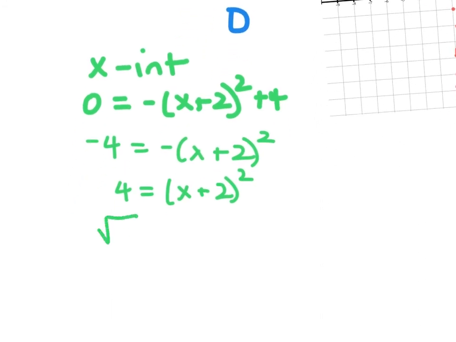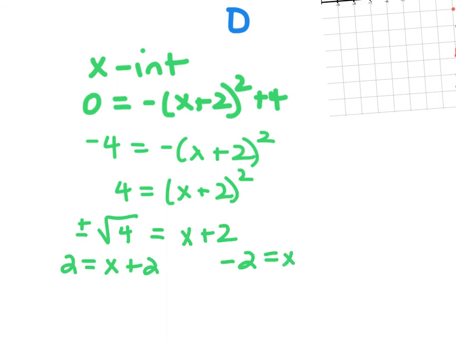Square root both sides, but I got to put the plus and minus in the front. And I get that x plus 2 equals a positive 2 and also a negative 2. So I get x equals 0 and x equals negative 4.